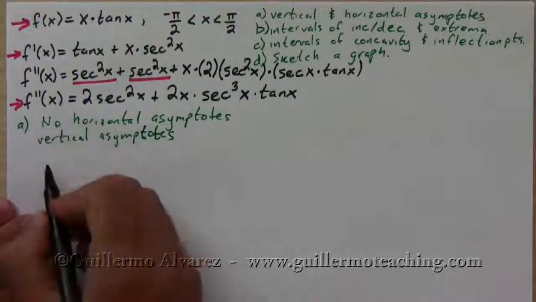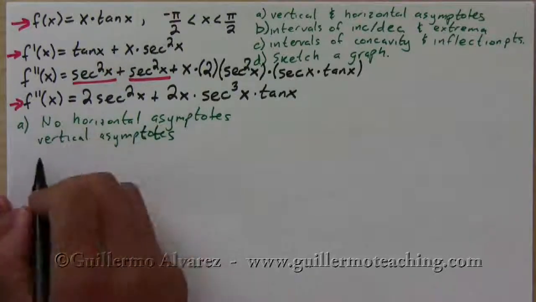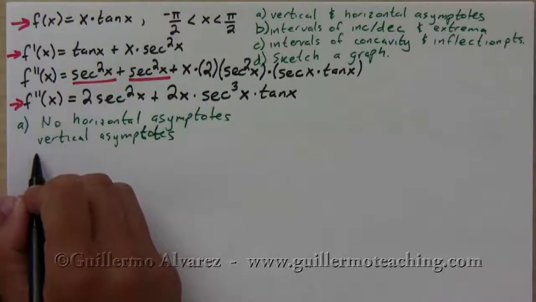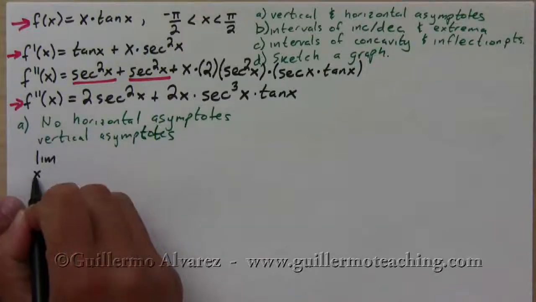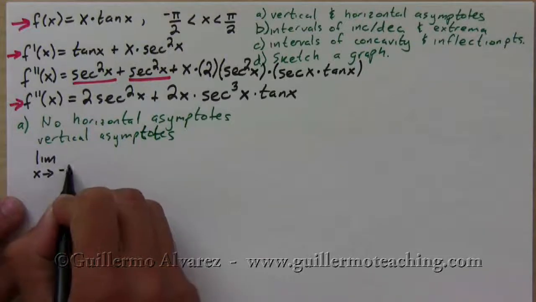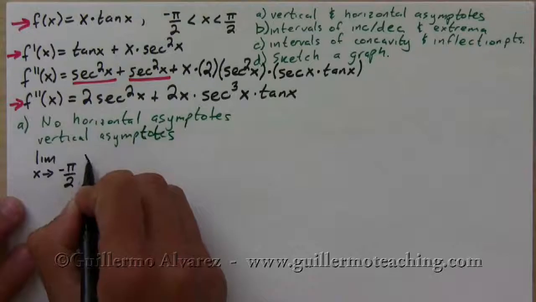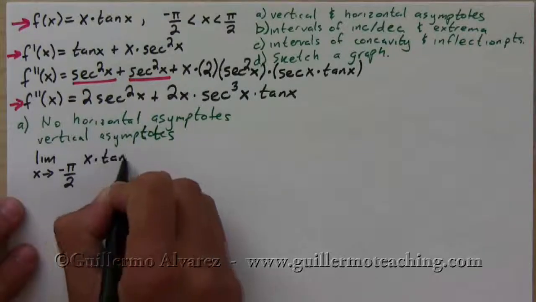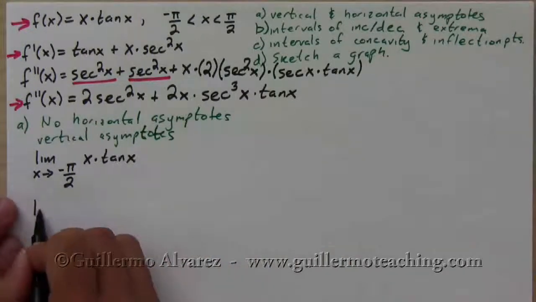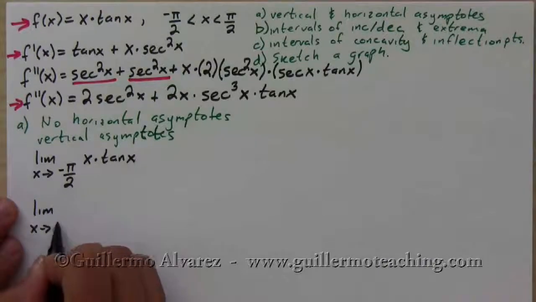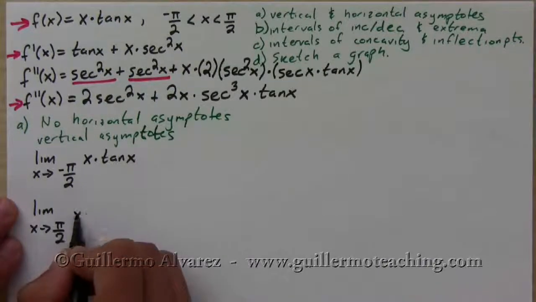So what we should do is we should take the limit as x goes to negative pi over 2 of our function, and we should take the limit as x goes to pi over 2 of our function.